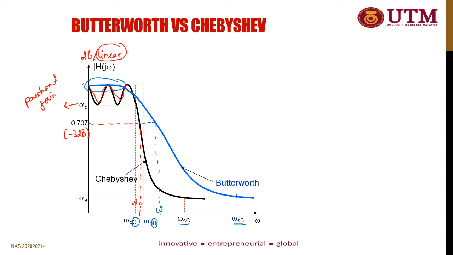This one is omega C for Butterworth, and the other one is omega C for Chebyshev. And then at omega S, the stop band frequency for both Butterworth and Chebyshev, that's the stop band gain.